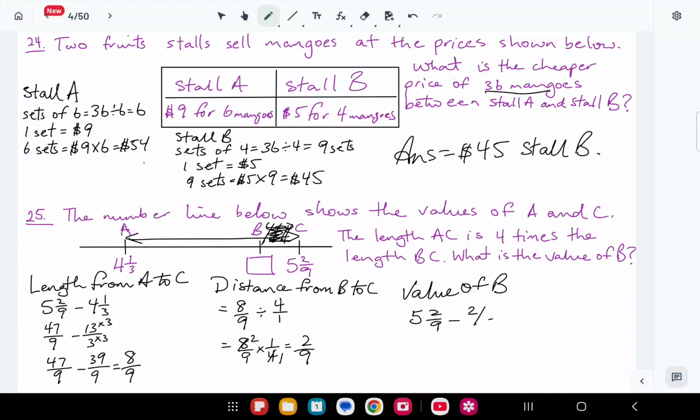So you take away the 2/9 and it'll equal 5. So the value of B is 5.